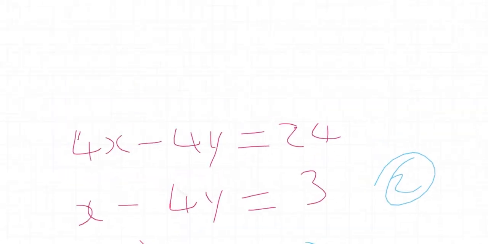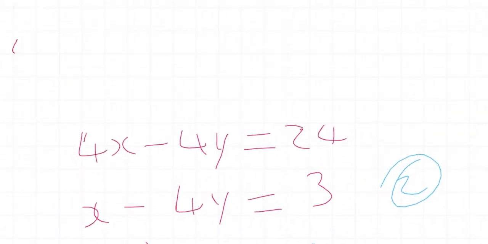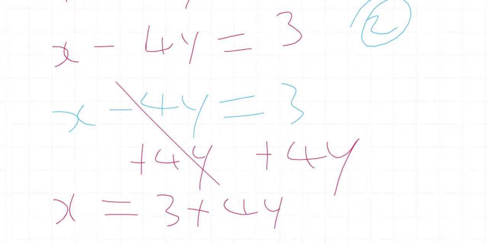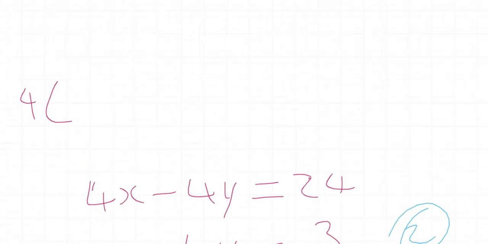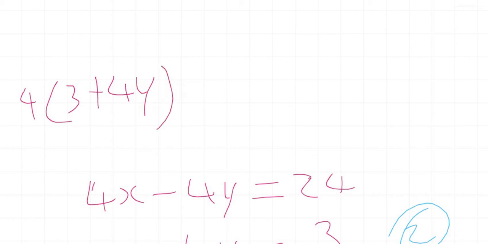Right, so let's see. Anywhere we see x, we will plug in, let me see, what's the value of x again? 3 plus 4y is the value of x. So we have 4 times (3 plus 4y) minus 4y is equal to 24.